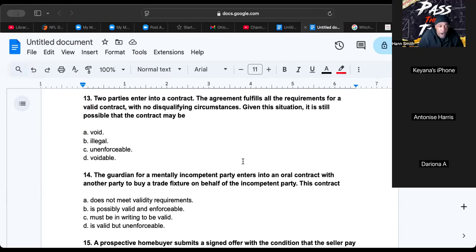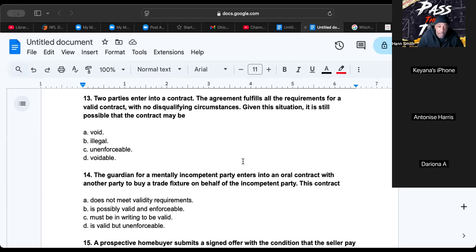13. Two parties enter into a contract. The agreement fulfills all the requirements for a valid contract with no disqualifying circumstances.